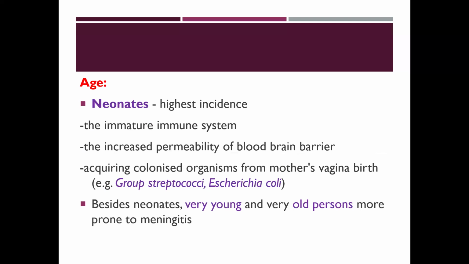So that is why there are more chances of getting meningitis. Generally, neonates acquire infections from the mother's vagina, especially in case of group B streptococci and Escherichia coli. These organisms are transmitted from the mother's vagina to the newborn during birth.